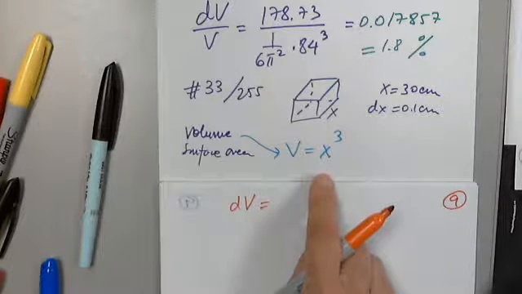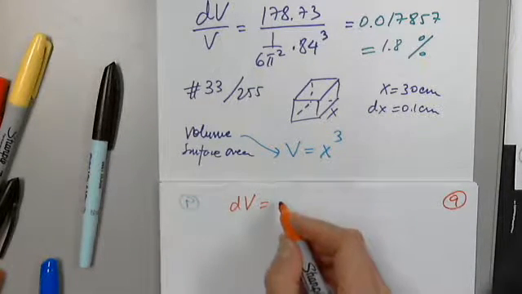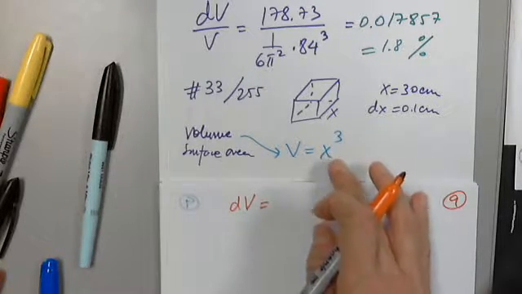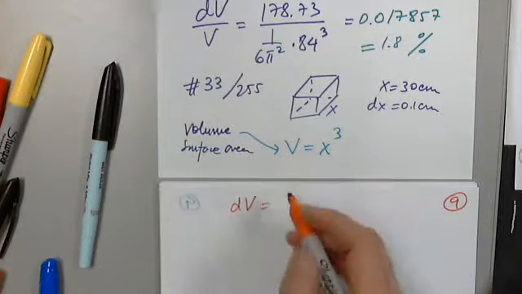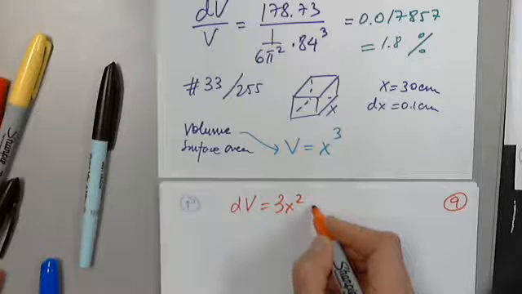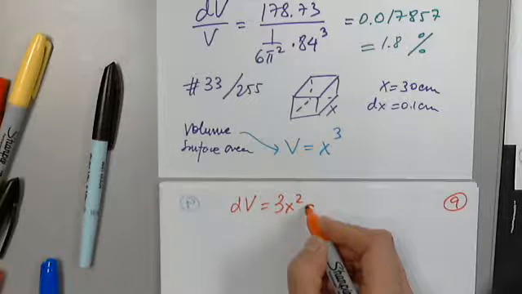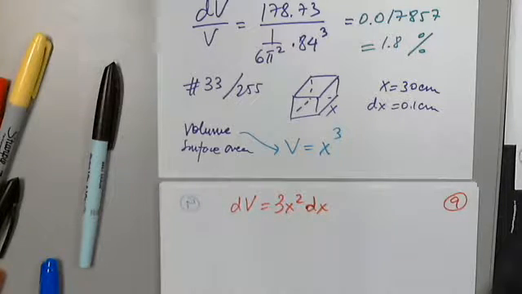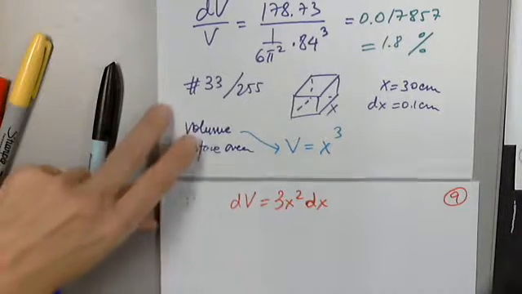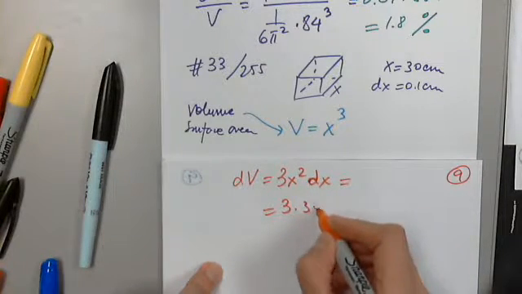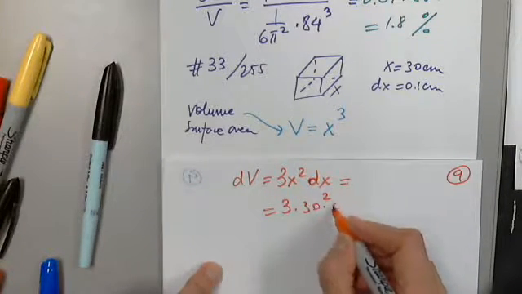Which is X cubed. What is it I have to differentiate? This is the function that I need to differentiate. 3x squared times 0.1 dx. Right? Very good. I'm done. So this is 3, this is 30 squared, and this is 0.1.